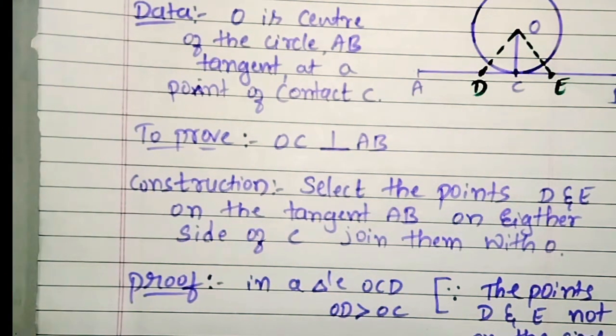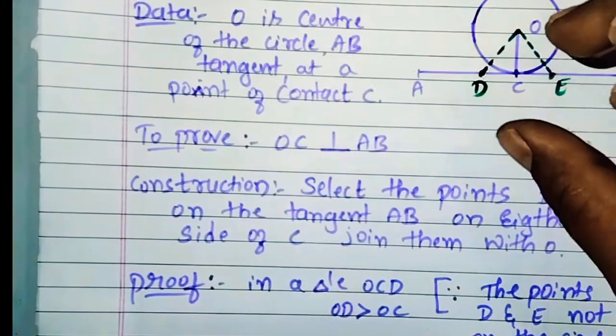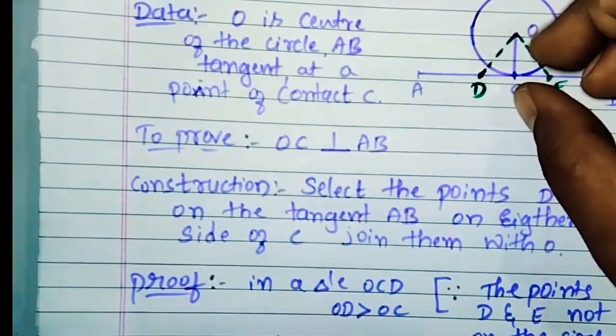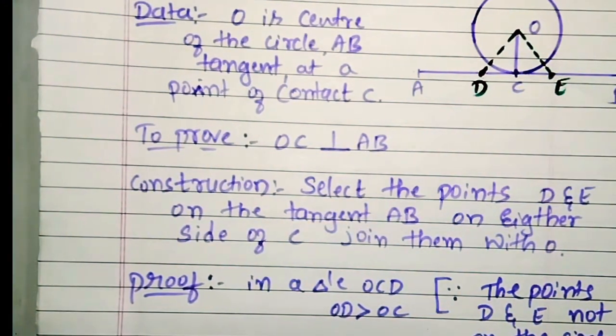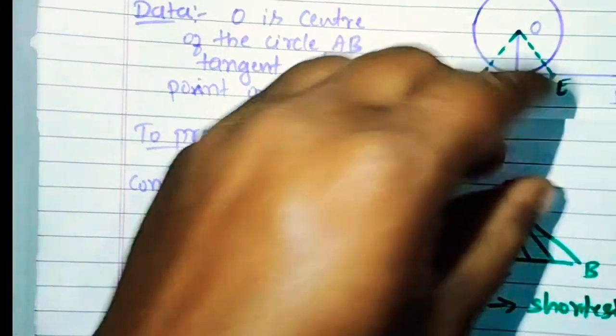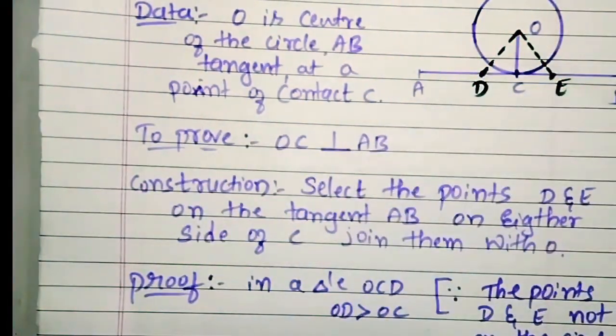So now you are observing that OC is the shortest distance. I told you OC is the very shortest distance.